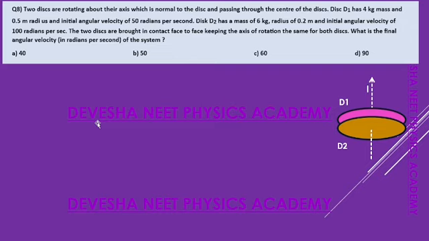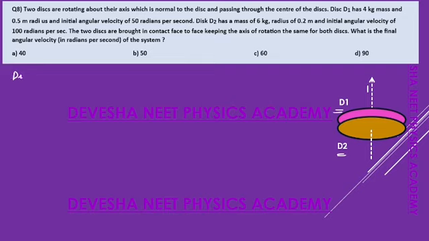In this question, it is given that there are two disks rotating about an axis. There are two disks here, disk 1 and disk 2, which are rotating about the same axis, which is normal to the disk and passing through the center of the disk.